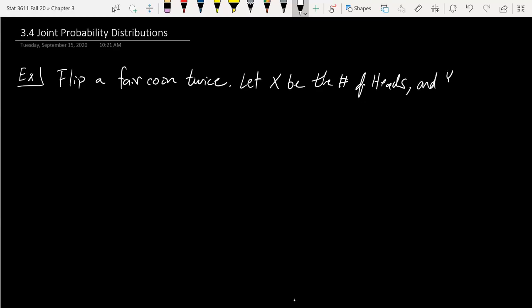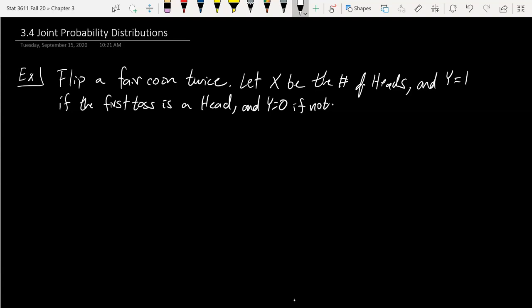And I'm going to define another random variable, Y. I'm going to say Y is equal to 1 if the first toss is a head. So Y is really just keeping track of the first toss here. Y is going to equal 0 if not, if the first toss is not a head.